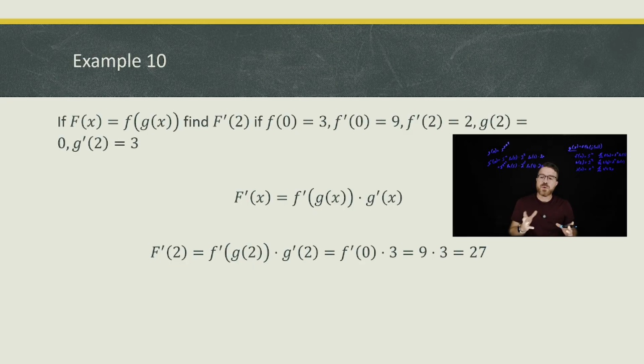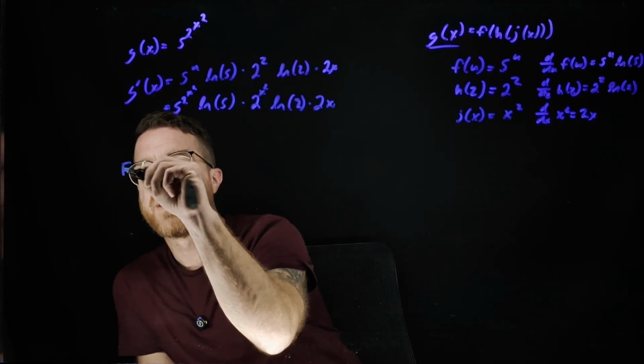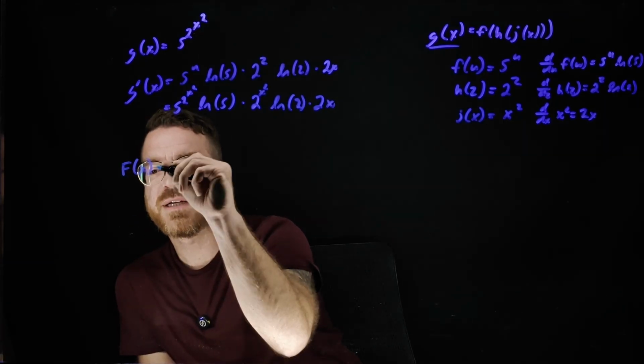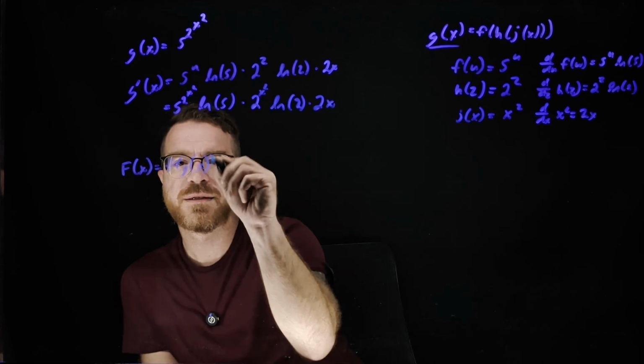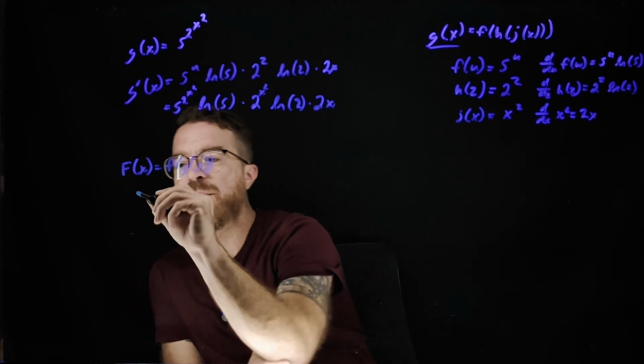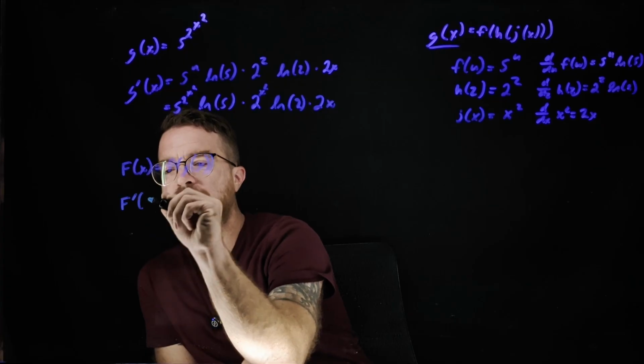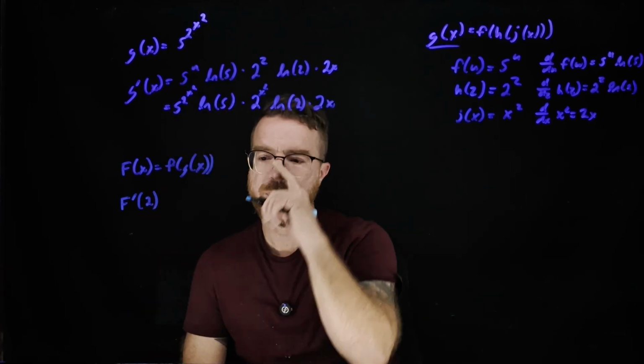For our last example, we're going to do one of those kind of examples where we know the outcomes of the derivatives of our functions and things like that, but we don't know what the actual functions are. So we have capital F of x equals f of g of x, and we want to find what is F prime of 2.